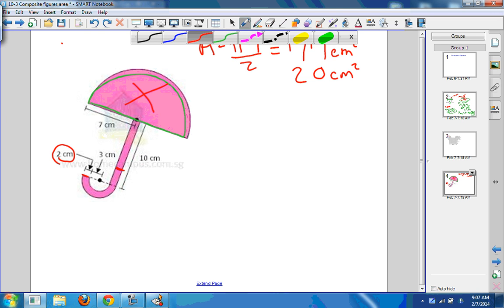So if we take a look at this last part, we have half a circle here, but part of it is taken out. It looks like a protractor there. Part of it's taken out. So if we find this big semicircle here, then we can subtract out this little opening here. Let's try and do that. All right, so our big circle, it looks like it has a radius of 2 plus 3, 5.